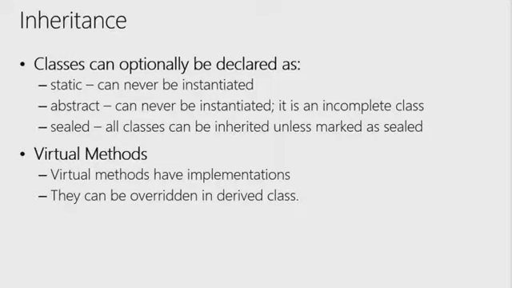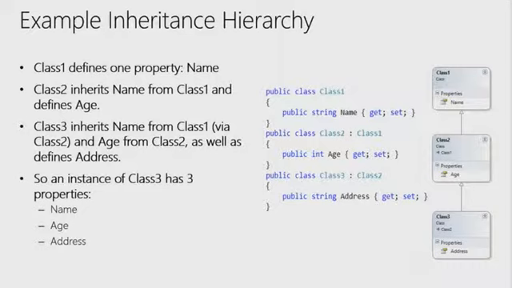Exactly. We've spoken earlier about the idea of virtual methods, the idea that a virtual method can have implementations, but the key thing is we can change that implementation in the derived classes, which is an interesting... It's very powerful, too. It allows you to really control where things are going to be run. And so, if we look at this inheritance hierarchy that we've put together here, we have class 1, class 2, and class 3.